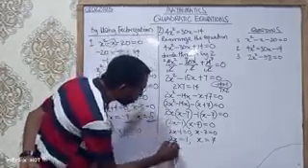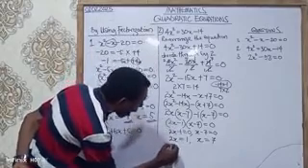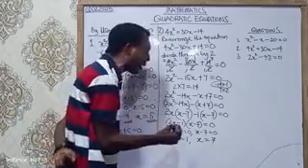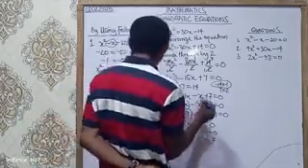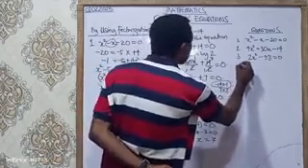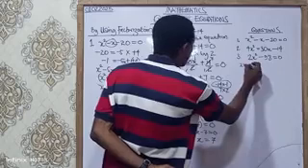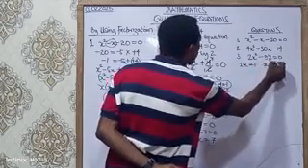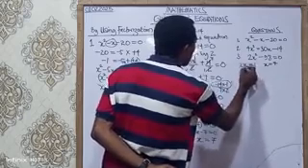That means from here, I will divide both sides by the coefficient of my x. That means I'll be having something like this. 2x is equal to 1 and x is equal to 7. This one will now be over 2.